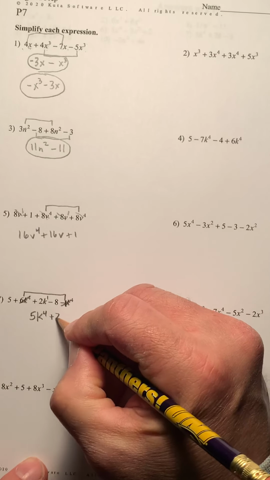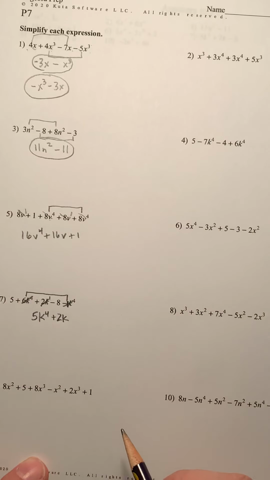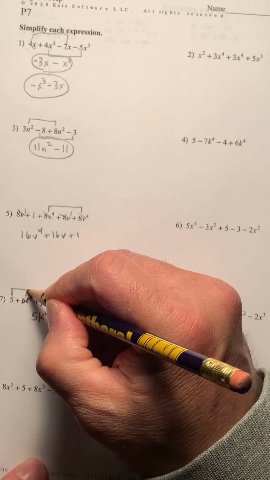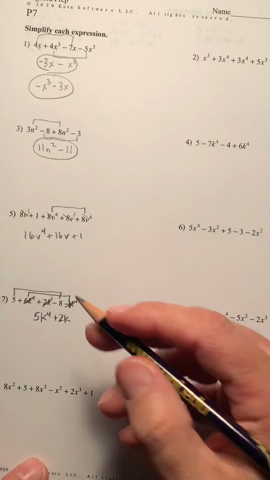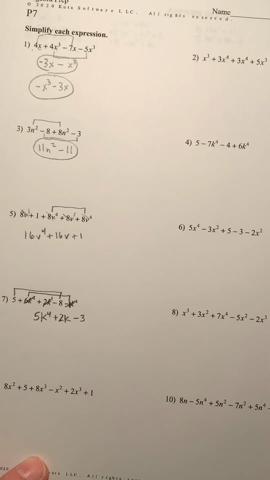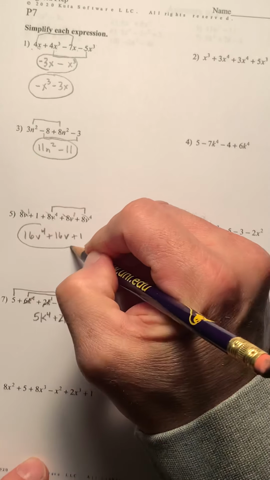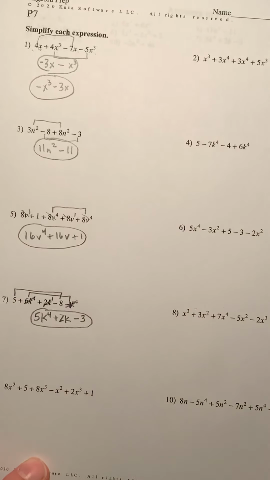And so the plus 2k has to be part of my answer. And I'm done using that term, which leaves only 2 terms left, and that is the 5 and the minus 8. Neither of them have a variable. They're like terms. I put those two guys together. 5 minus 8 is a negative 3. And I forgot to circle my answers on these guys, but you know the drill.